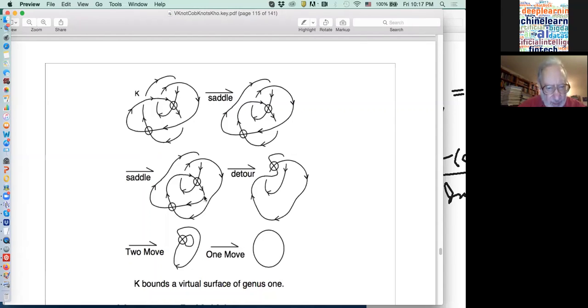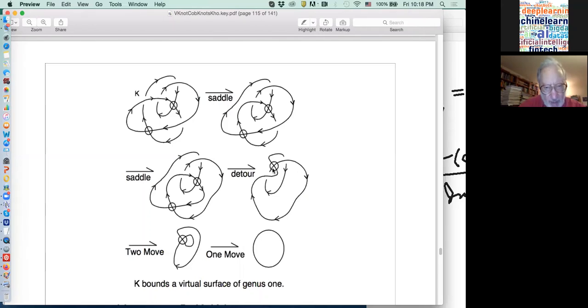Now I'm looking at this and I see a detour. What detour do I see? Let's see, go from here through here over to here. That is the same as going directly over to here, right? From here to here can be accomplished more efficiently than if I went all the way through virtual crossings up to there.